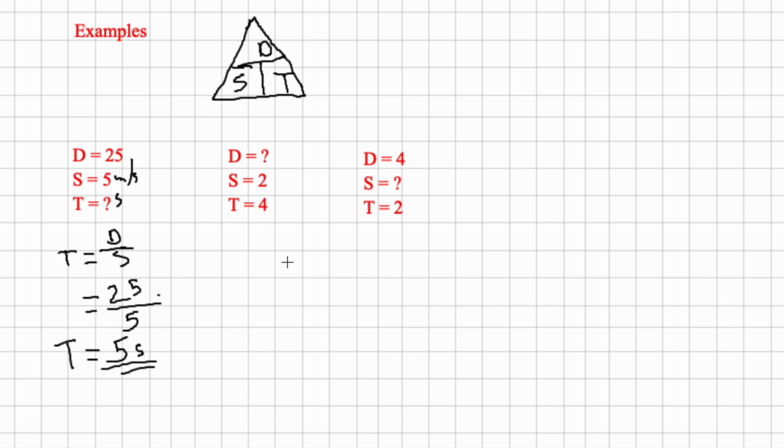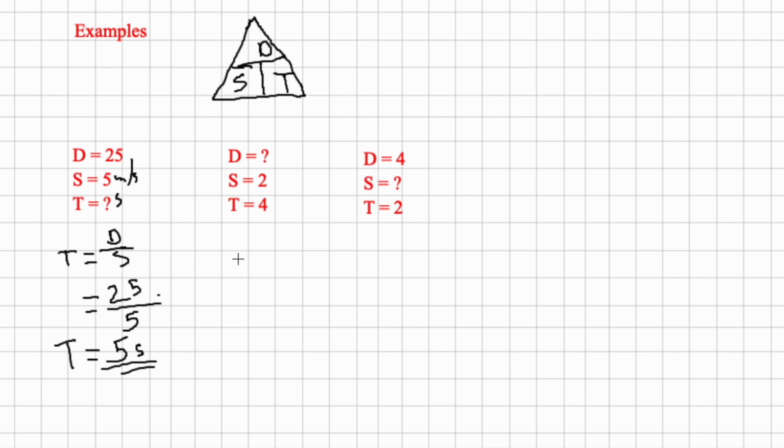Now, this one is wanting us to find the distance. If we look at the diagram and cover up distance, we can see that we need to times speed by time in order to get the distance.